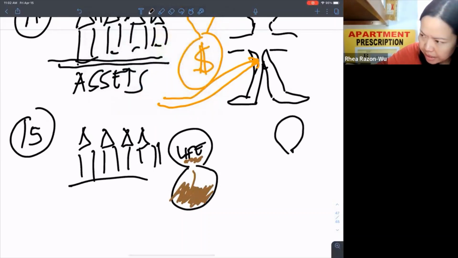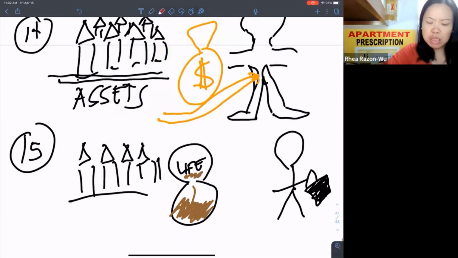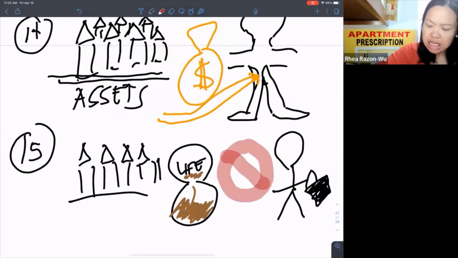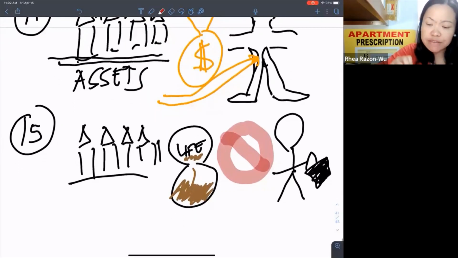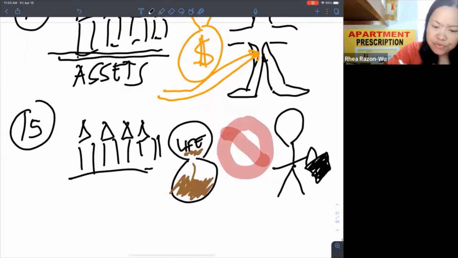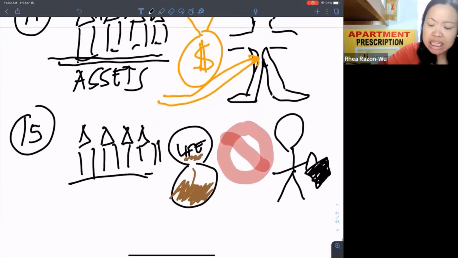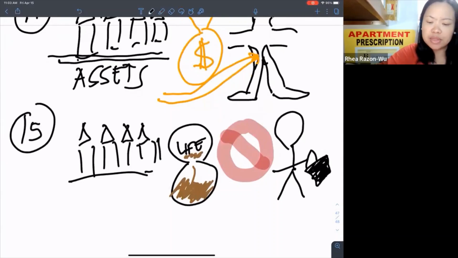And this is my head. This is my feet, my arms, and I'm bringing a bag, which indicates work. So this means the assets, even if you stop working, if you do not go to work, your assets provide you money. They provide you money, even if you do not work.